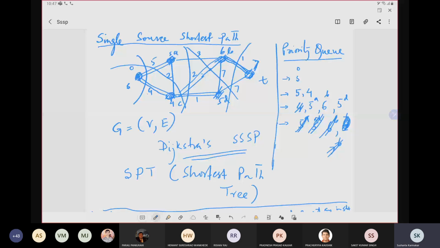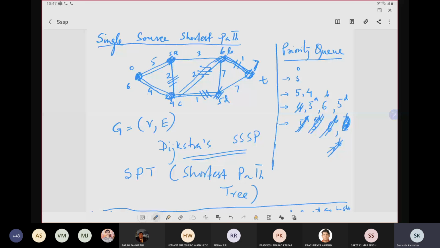I will take this edge, and this edge, take this edge. No, I will not take that edge. So by taking these three edges, I have connected these 4 nodes, and I just need to connect these 2. So I can take this edge, and I can take this edge.